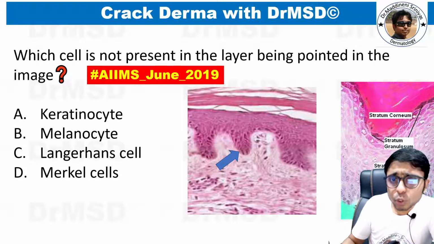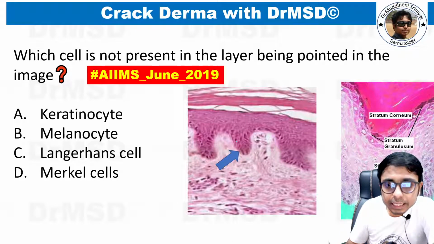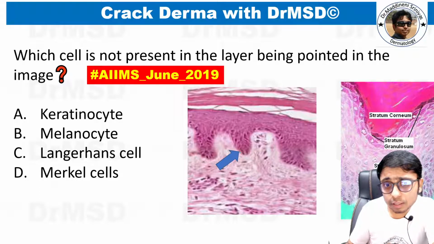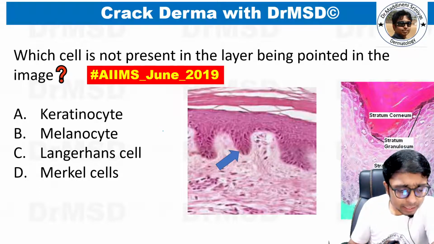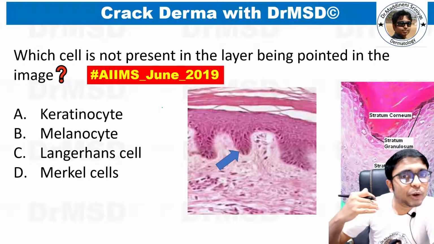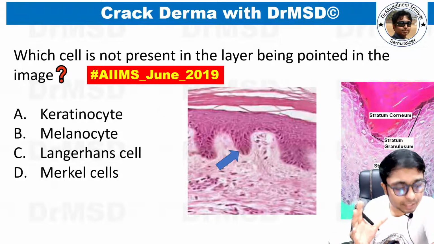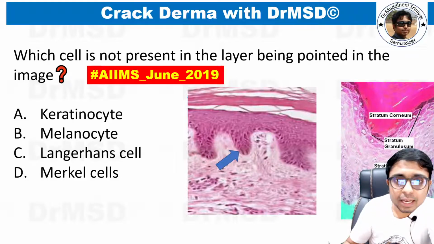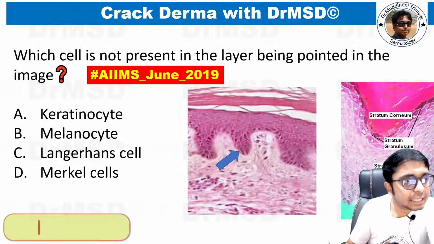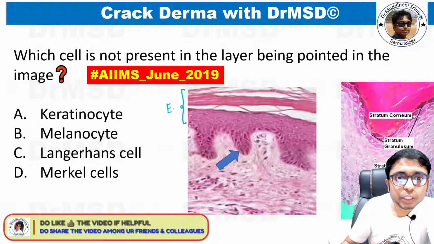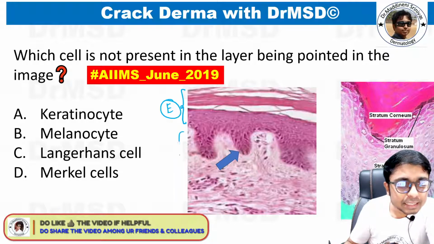Yes, so if you look at the image, the arrow is pointing towards what? If you know this, then that is the first step, and then you have to know which cells are present in the area where the arrow is pointing. So first, let us get the orientation of this question. If you look at this histopathology picture, you should be in a position to identify that this is the epidermis and this is the dermis.